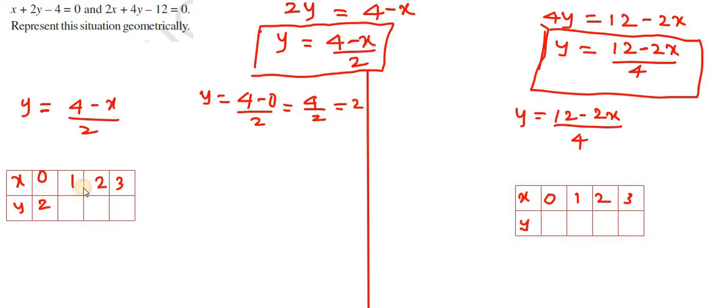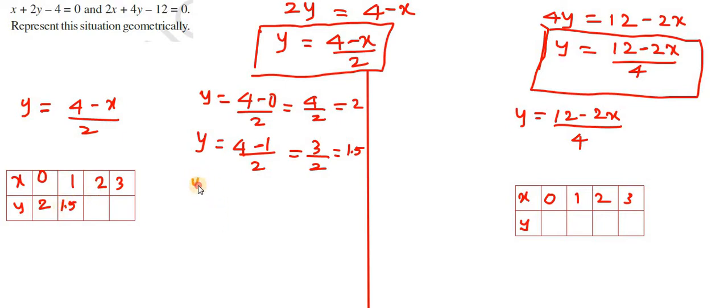Next, y is equal to (4 minus 1) divided by 2, which is 3 by 2, which is equal to 1.5. So 1 comma 1.5.